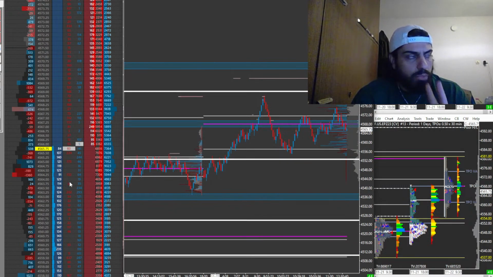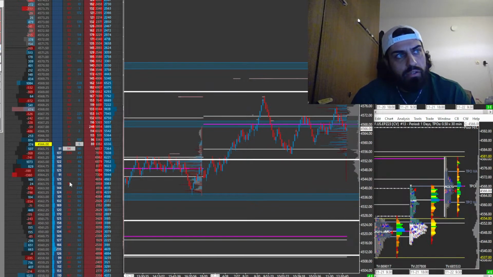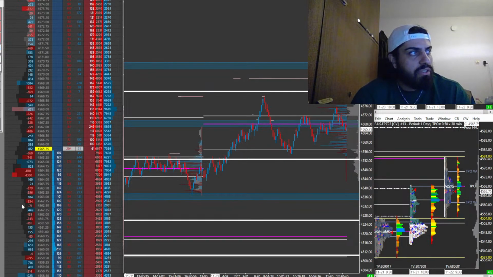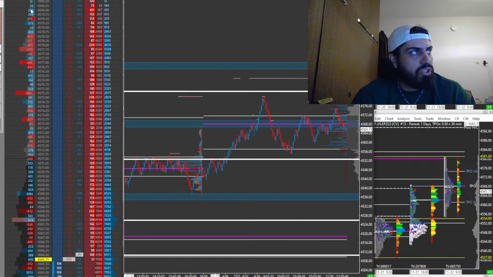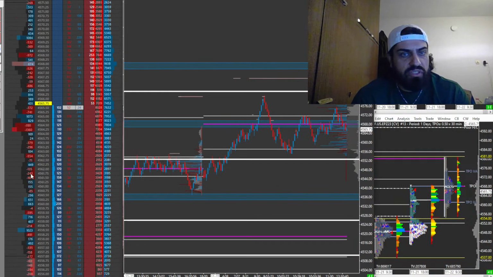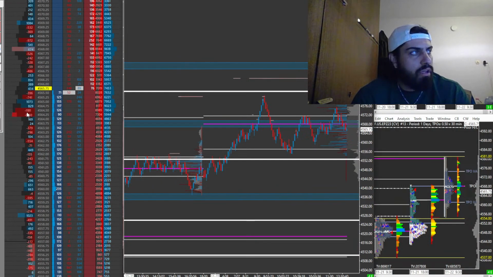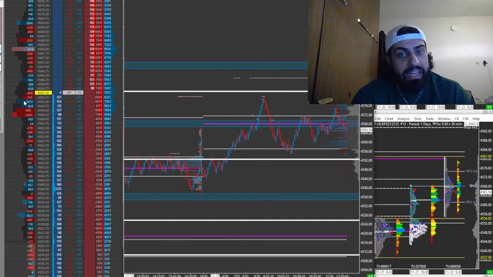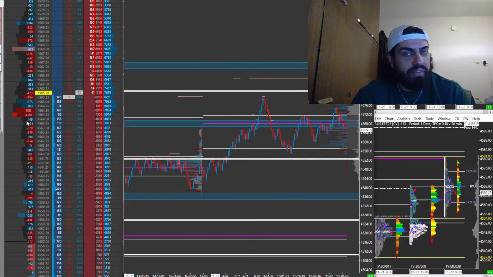Now, the second most key component that I look at on the depth of market is going to be delta. Delta is spread out all the way across this DOM here in the red and blue histogram, the left side histogram.